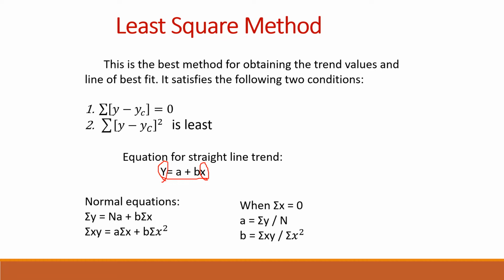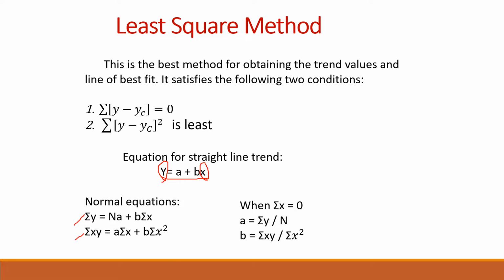The two normal equations are: summation y equals na plus b summation x, and second, summation xy equals a summation x plus b summation x square. Here, y represents variable y, n represents the total number of values in the series, a and b are constants which need to be calculated. Summation x represents the sum of deviations.